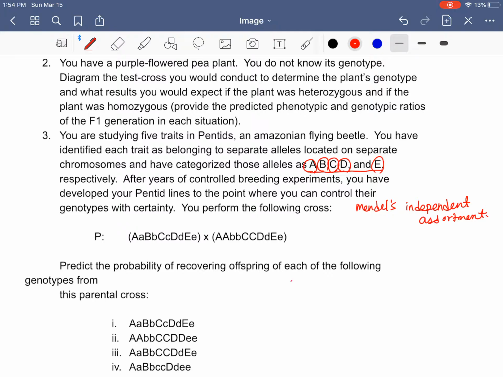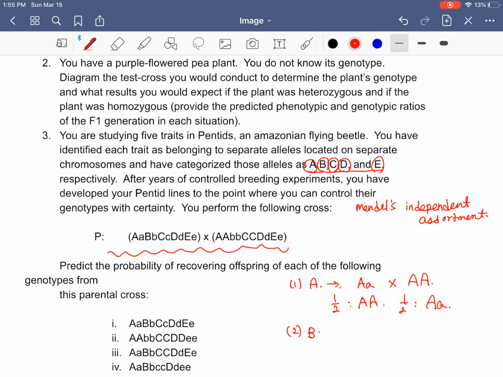Let's first look at allele A. Now, from our parent cross, we can see that A is going to be heterozygous crossed with homozygous dominant. Then our probabilities would be 50% for homozygous dominant and 50% for heterozygous.